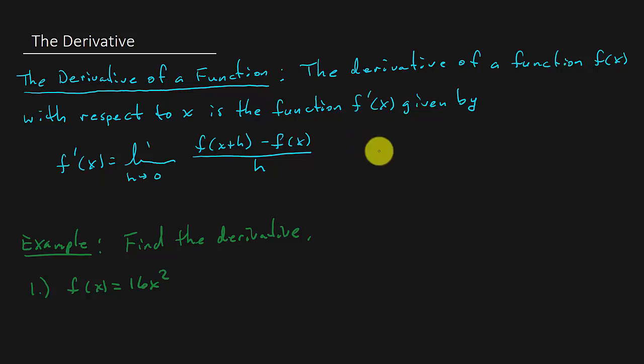Let's see, you can use f prime of x. Another one is dy dx, the derivative of y with respect to x. It all depends on how you write it.